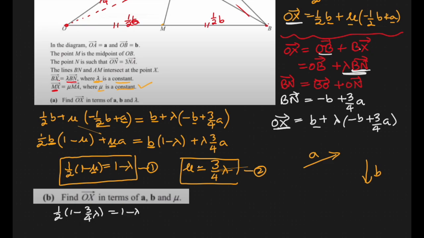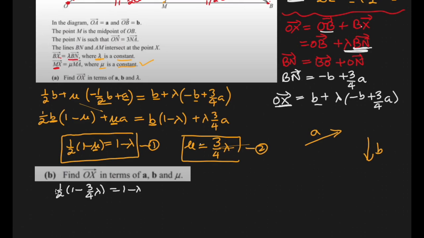So this becomes half minus 3/8 of lambda. Yeah, half minus 3/8 of lambda equal to 1 minus lambda. So I'll bring lambda to the other side. So lambda minus 3/8 of lambda is 1 minus half.